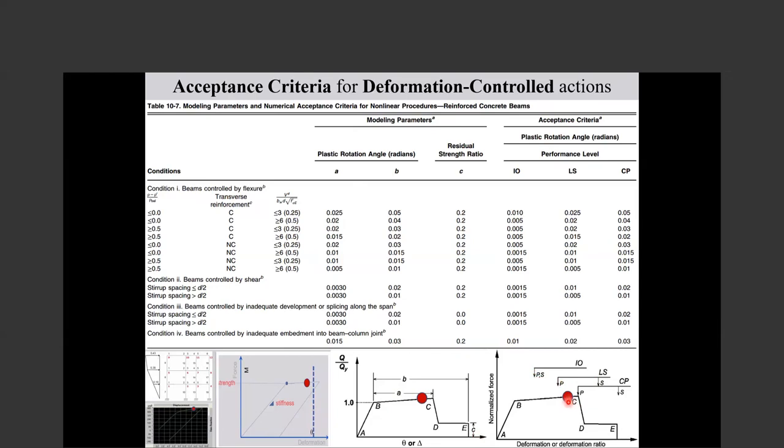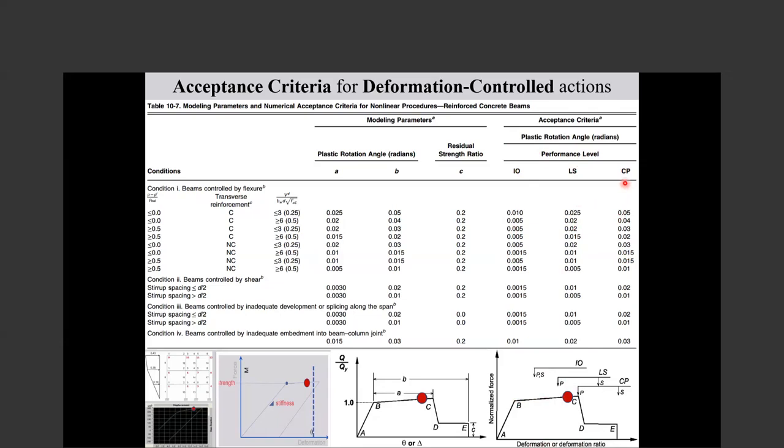Does it pass collapse prevention? So these values are here. Acceptance criteria: plastic rotation angle, plastic deformation angle for different performance levels. So these are capacities: capacity for IO, capacity for LS, capacity for CP.